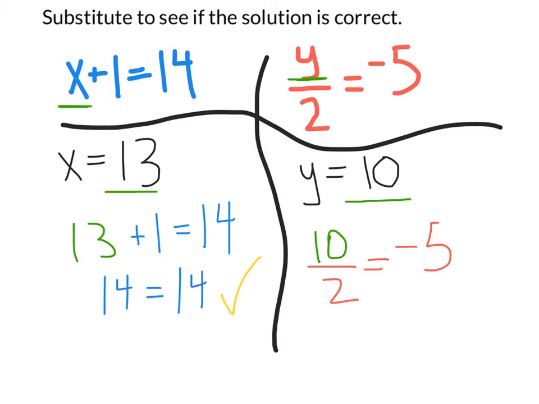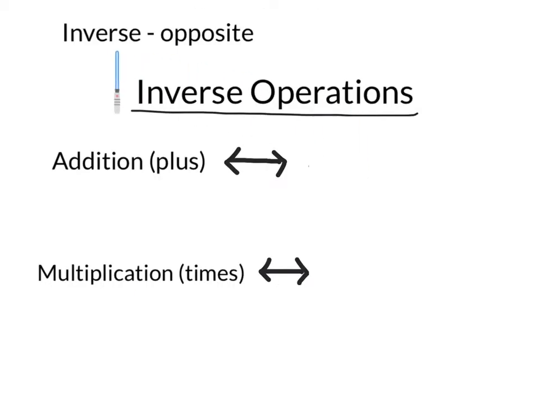Well, 10 divided by 2 is 5. Is 5 equal to negative 5? No, that is false. So I'm going to put an X for false. So we can claim that this solution, x equals 13, is correct, and this solution, y equals 10, is not correct. It's false.